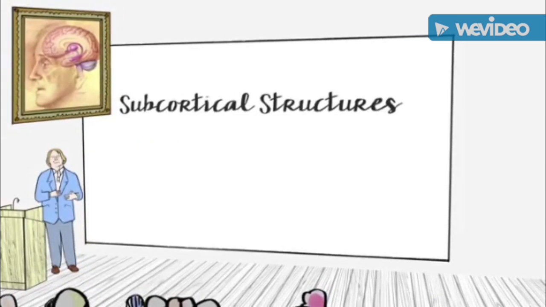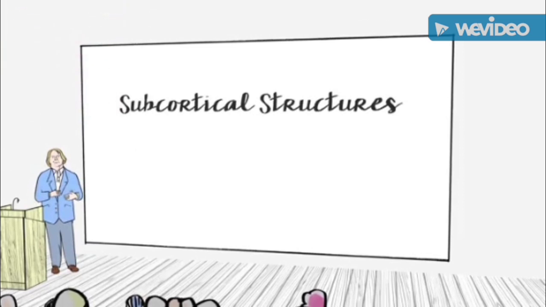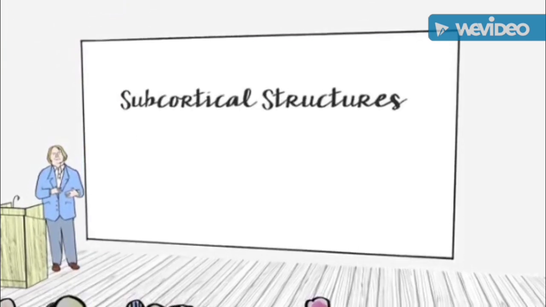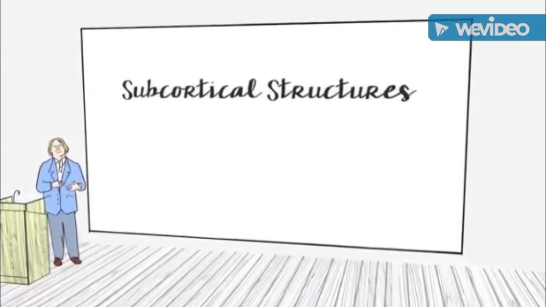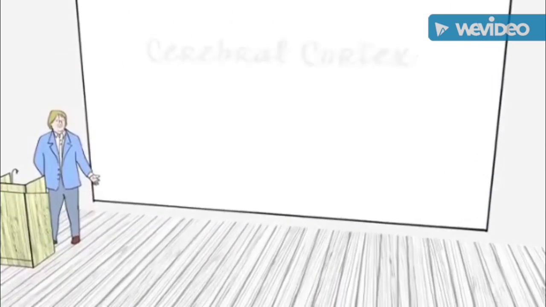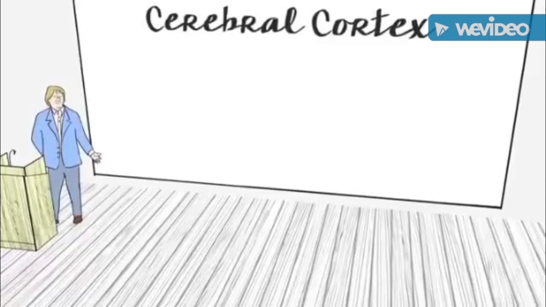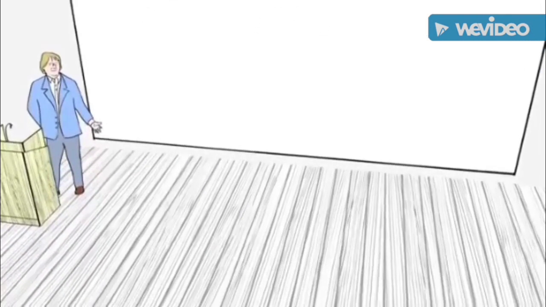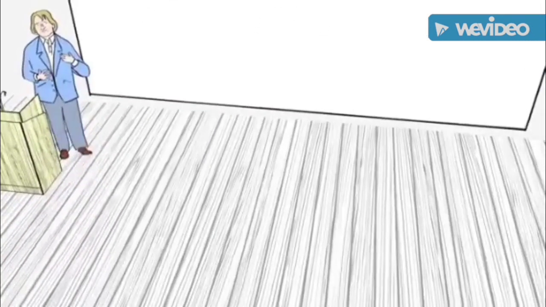But for the aspects of psychology that are distinctive for us, that make us human, we're mostly focused on the outer layer, the cerebral cortex. So the cerebral cortex is all crumpled up.